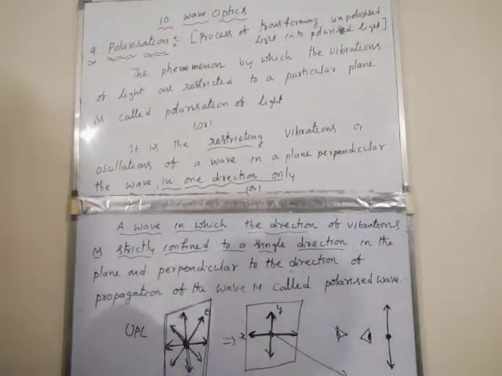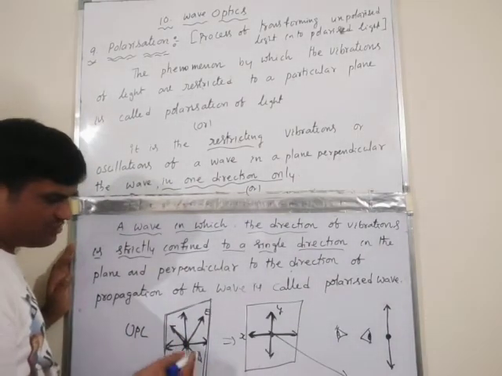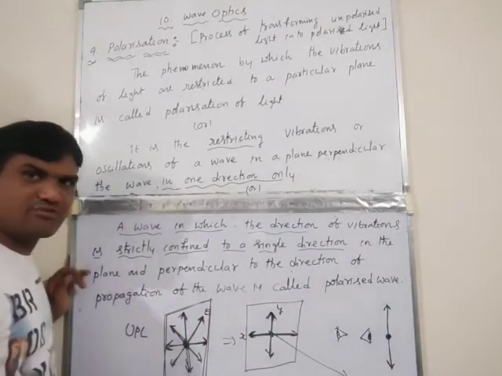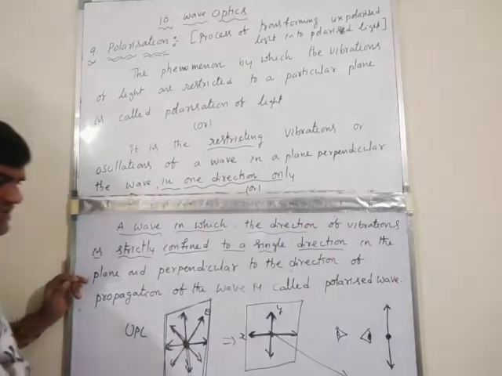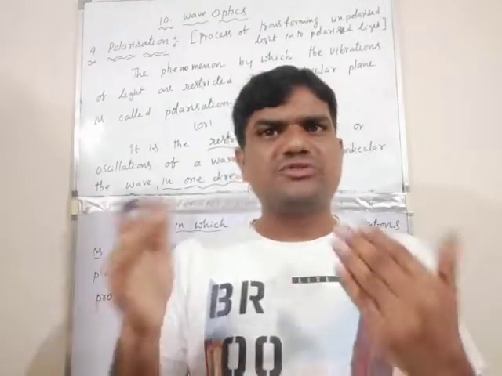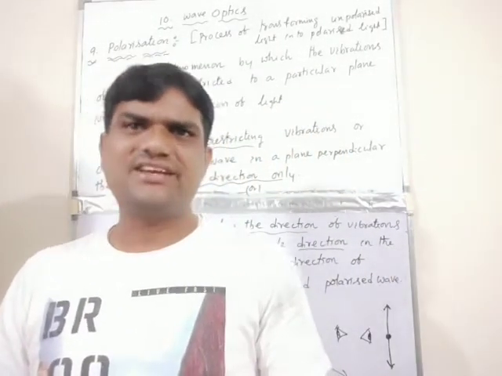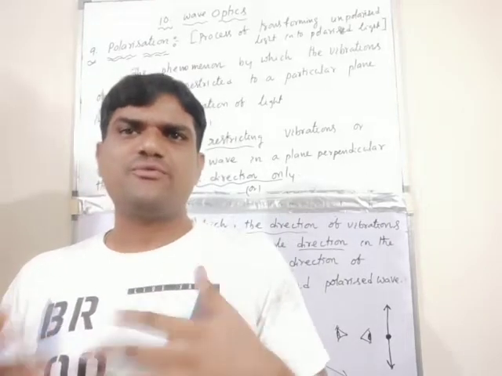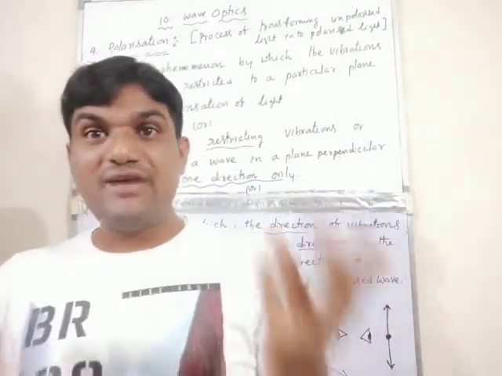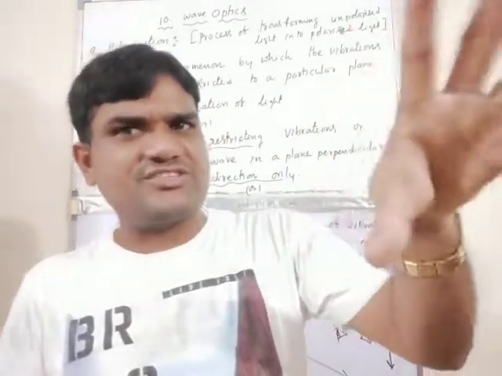Are you clear? Okay. So now this is the unpolarized light, which is having more intensity. Now I want to reduce that intensity. For that purpose, what do I want to do? I don't want all the incident rays.